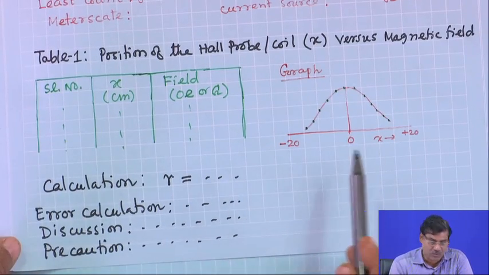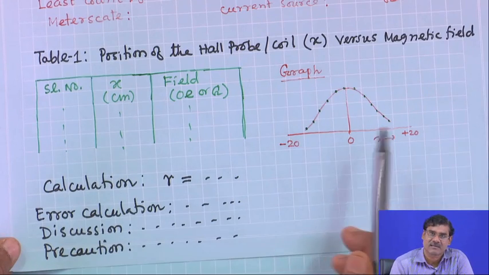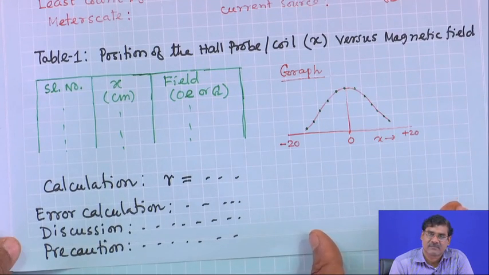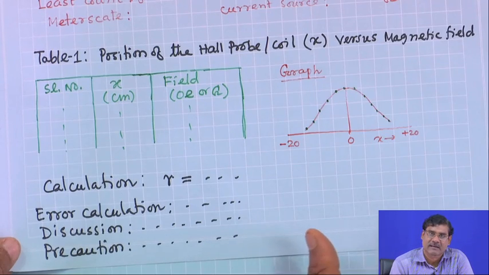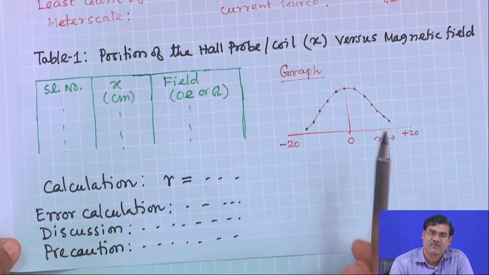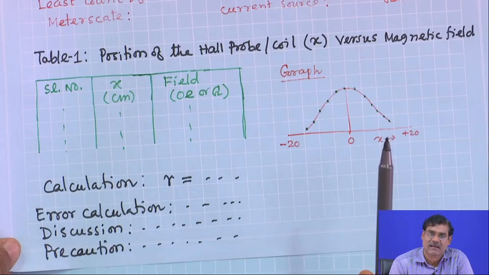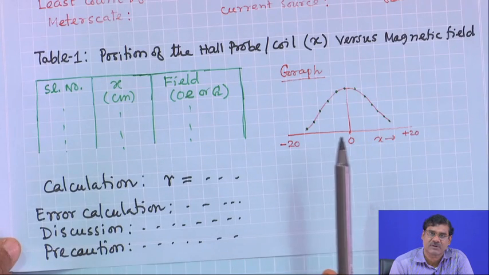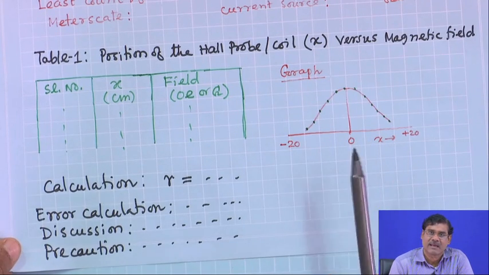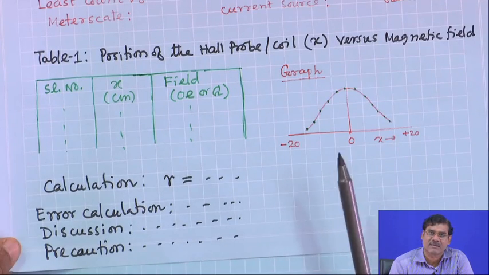Now, if you place two coils and keep the distance between them equal to the radius of the coils, and then place your Hall probe at different positions between the two coils, you will see the magnetic field is the same. The Gauss meter gives the same reading.